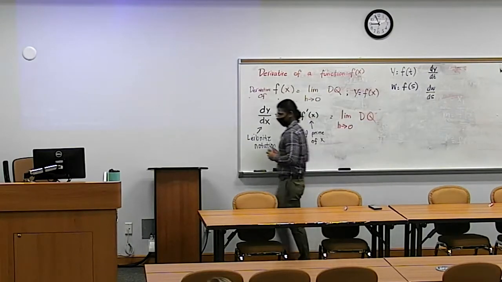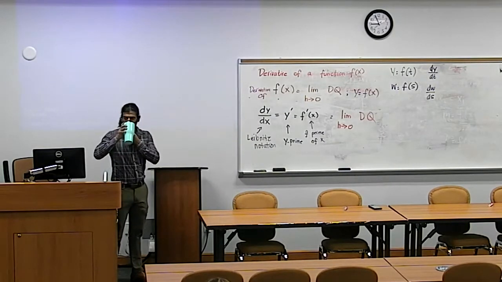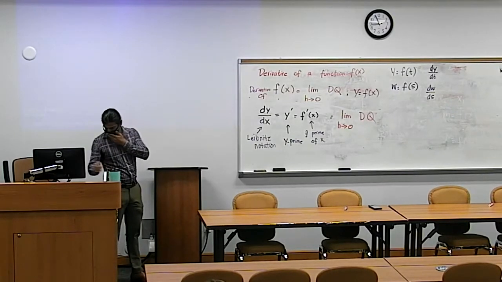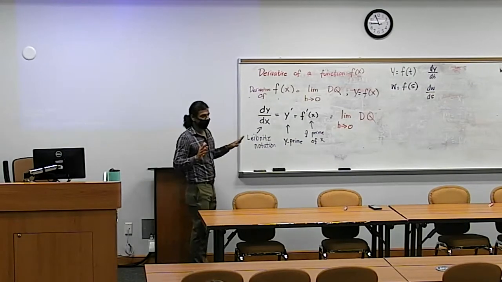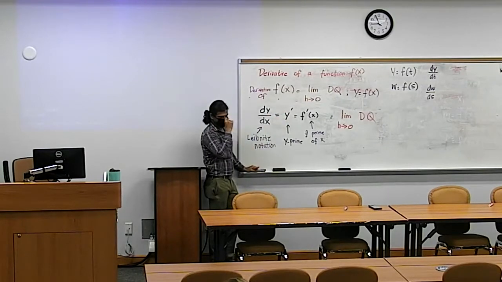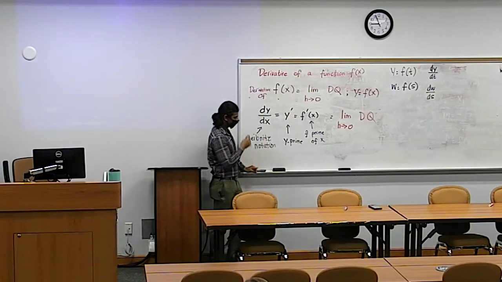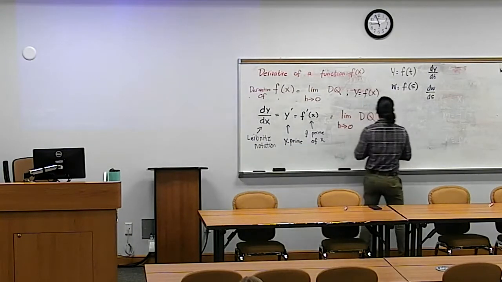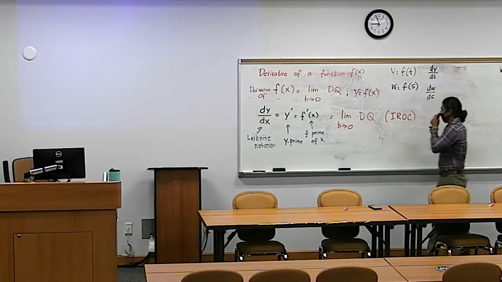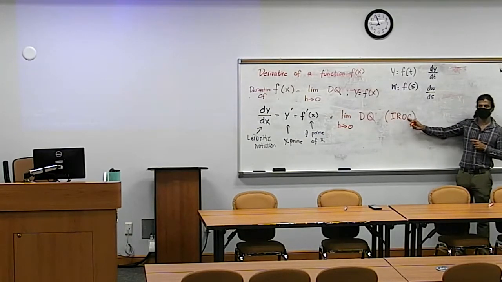of the difference quotient. Good. So when someone says find the derivative of the function, we're simply finding the limit as h approaches 0 of the difference quotient. That is nothing but the instantaneous rate of change.